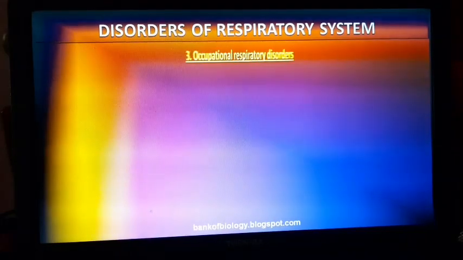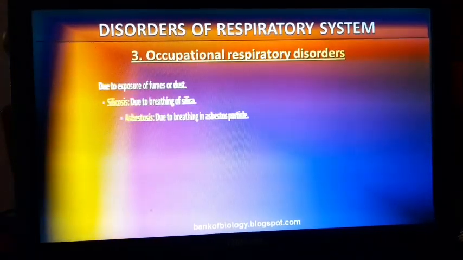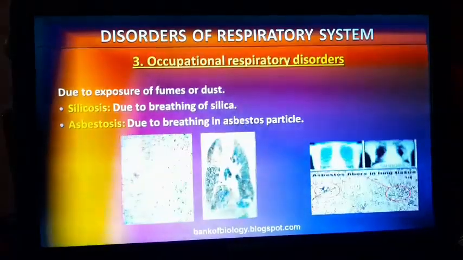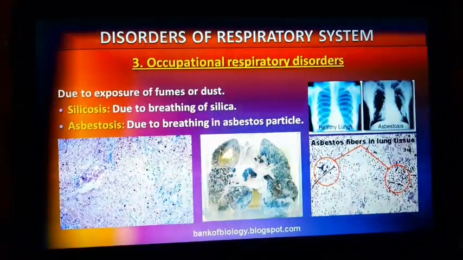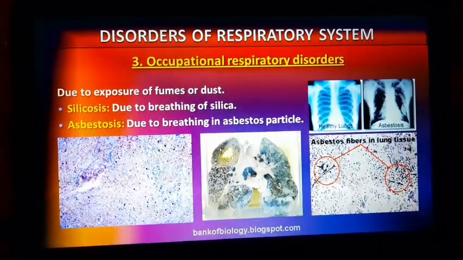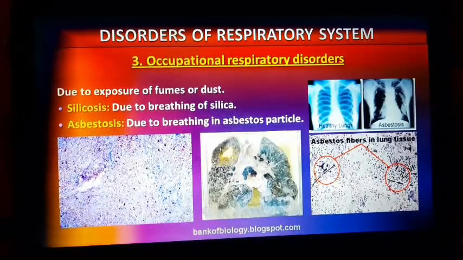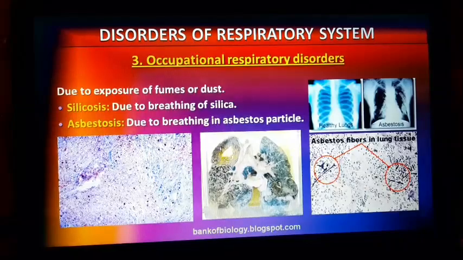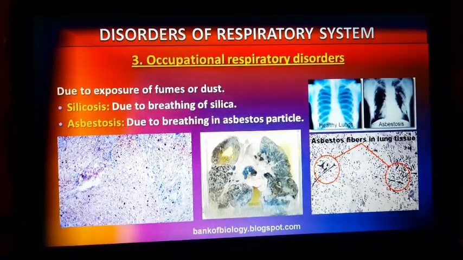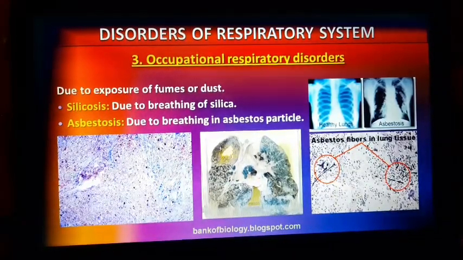And the last one is occupational respiratory disorders. Occupational respiratory disorders are those which come up in the working places. And here we have two classical examples, silicosis and asbestosis. Silicosis is due to breathing in silica.